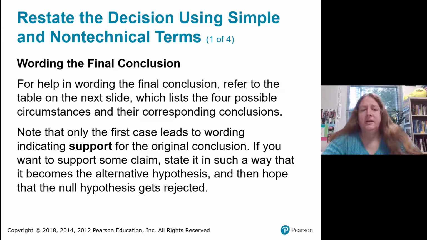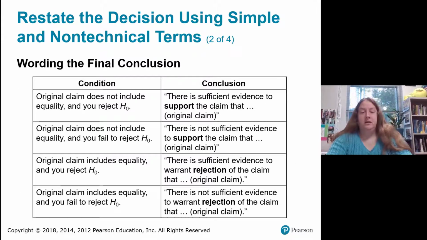We usually indicate our support or lack thereof for our original idea. Again, here are some ideas for the conditions, what's happening technically, and the words that you might choose to describe that.